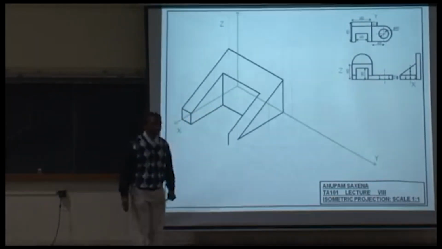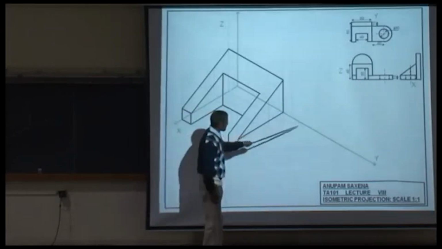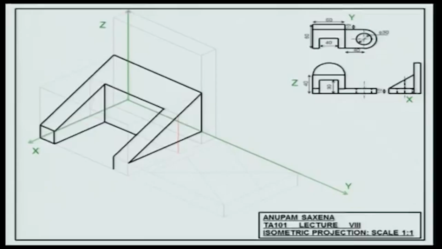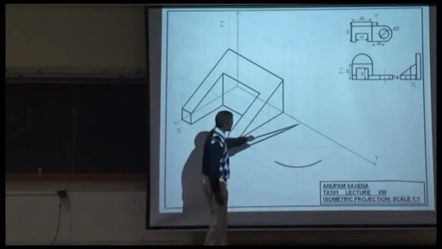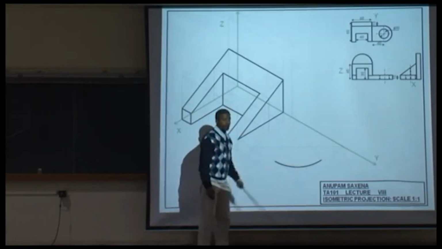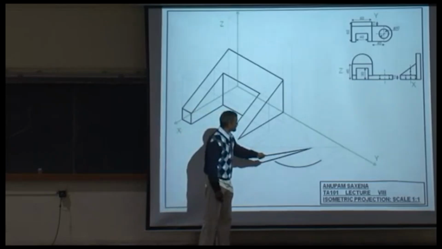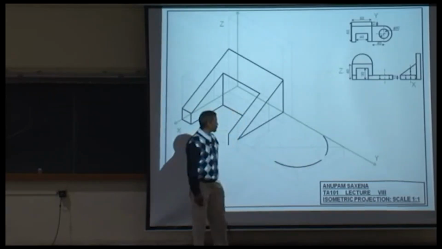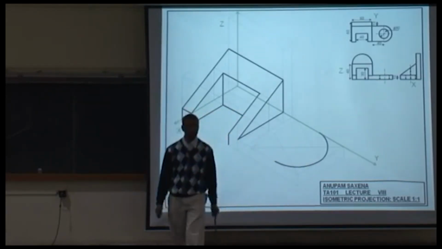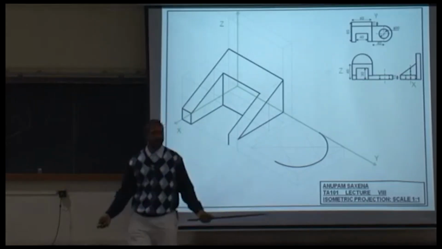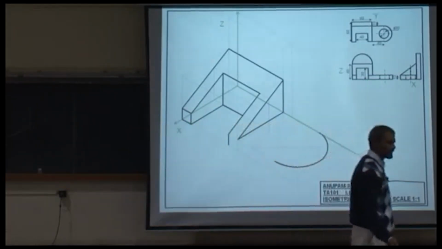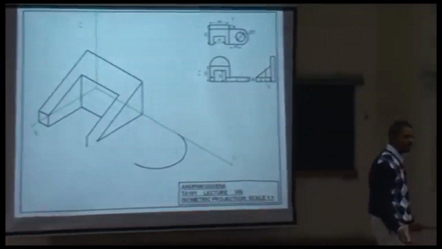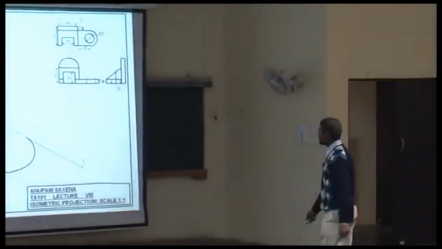You have two centers. You have the third center here. You have the fourth center here. With this as center, this as radius, draw an arc. With this as center, this as radius, draw another arc. Since this is a circular arc, I don't need to draw the entire ellipse. I only need to draw half of the ellipse. The rest I can join using straight lines with the main part.